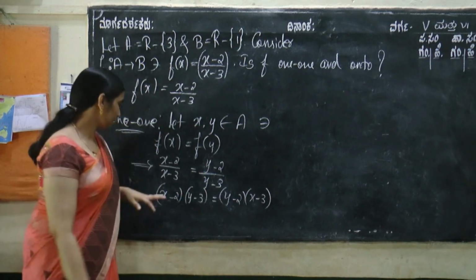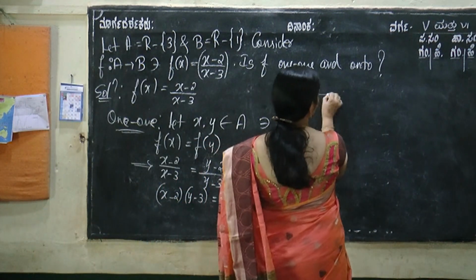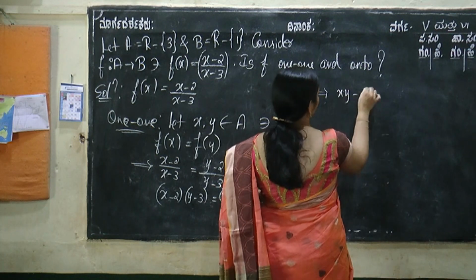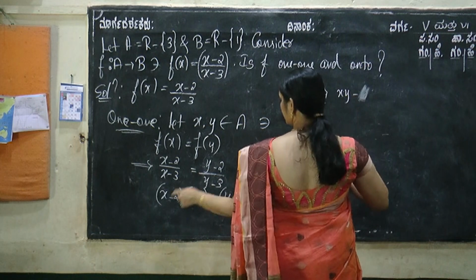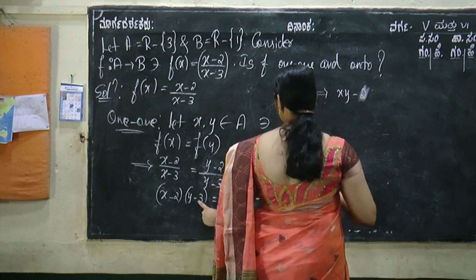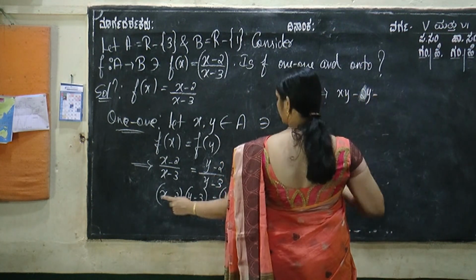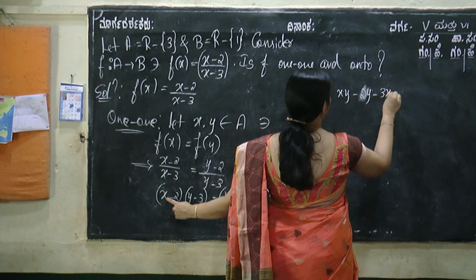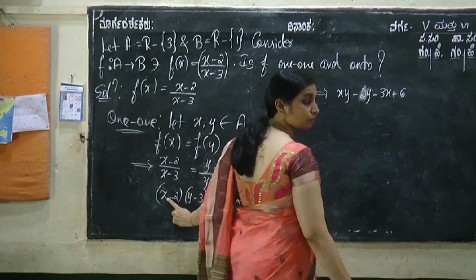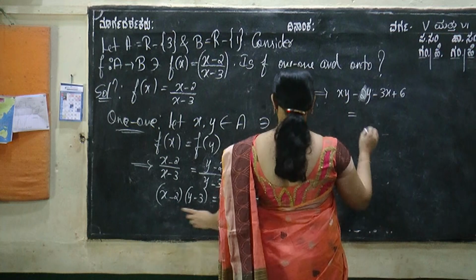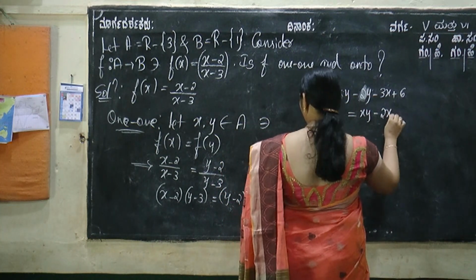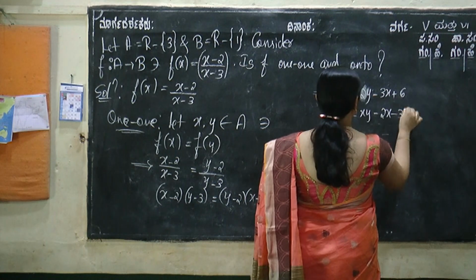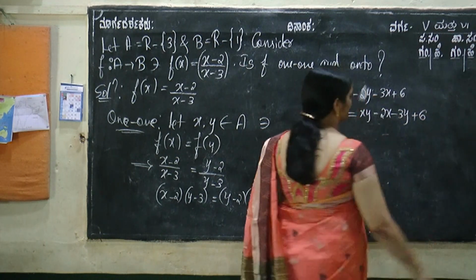Term by term multiplication, so we will be getting xy minus 2y minus 3x plus 6 equal to xy minus 2x minus 3y plus 6.